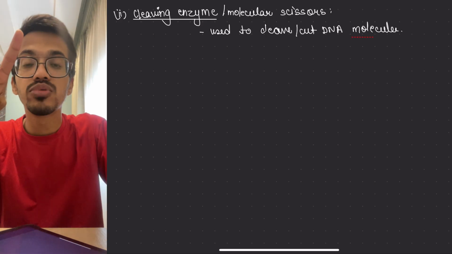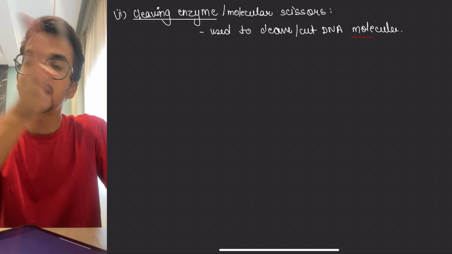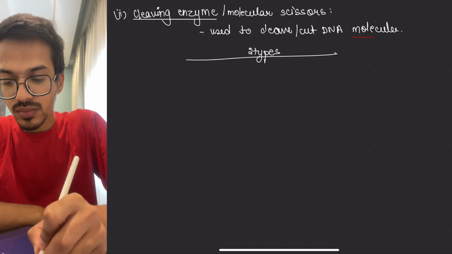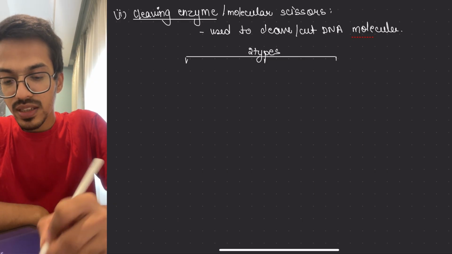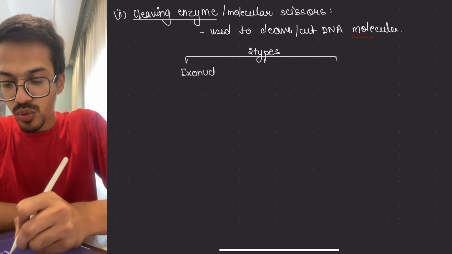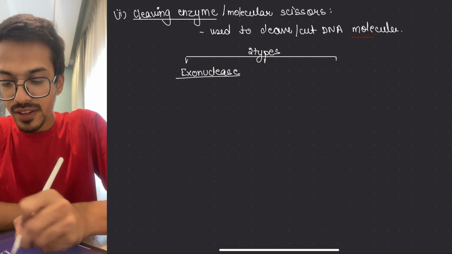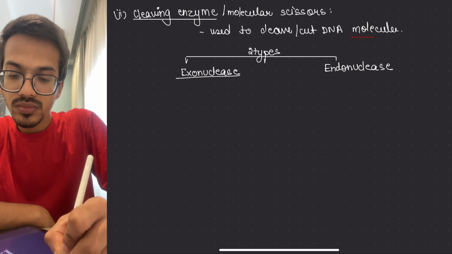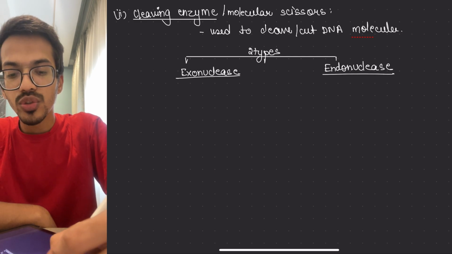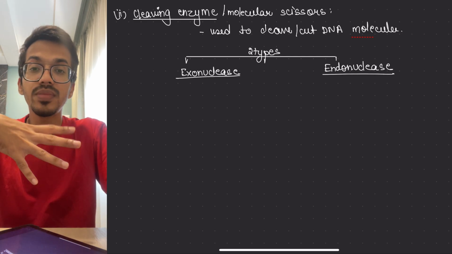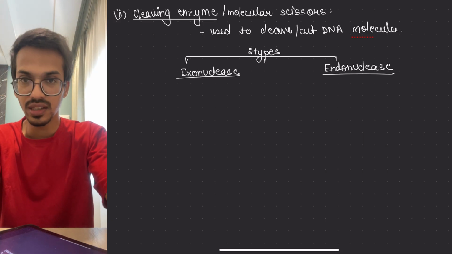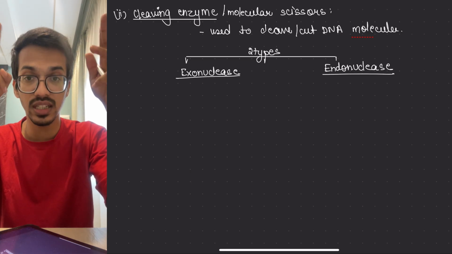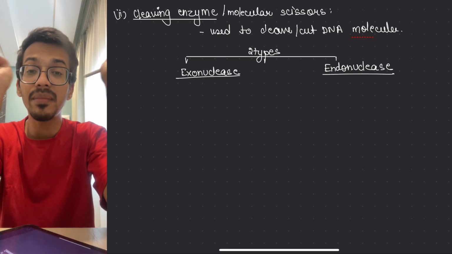Now there are two types of cleaving enzymes: one is exonuclease, the other is endonuclease. Exo means outside, exterior. These remove nucleotides or cut the segment at the extreme end of the DNA.